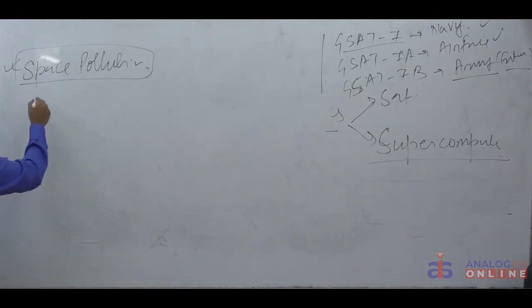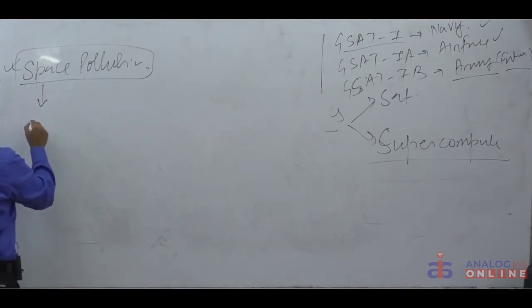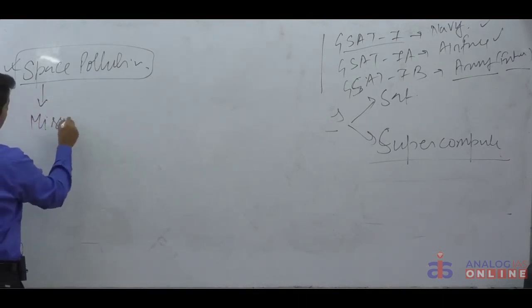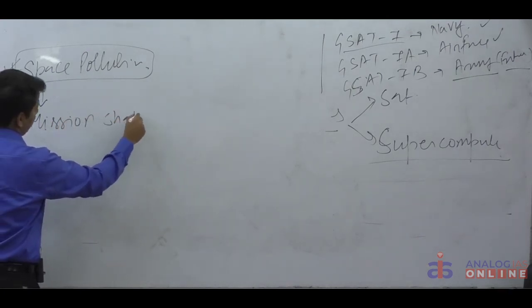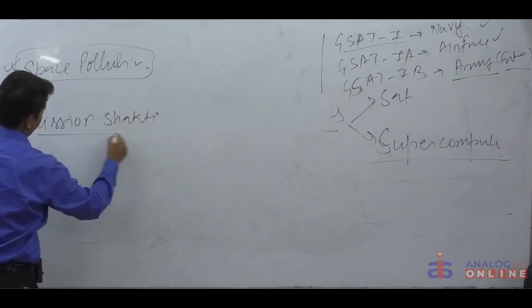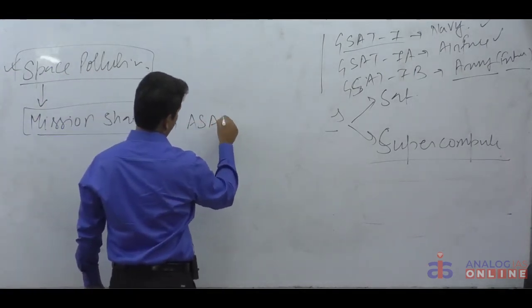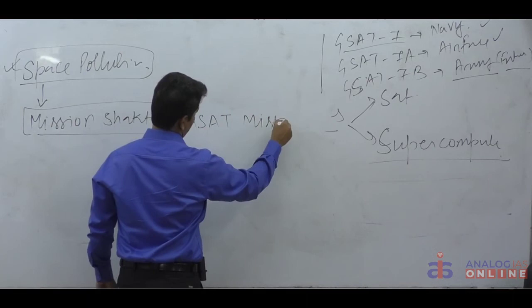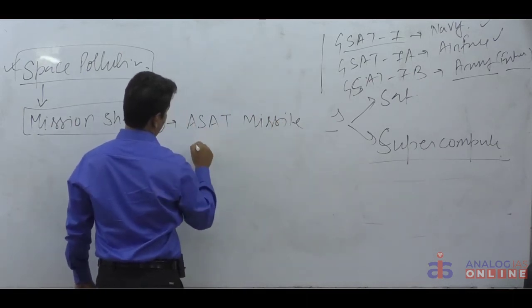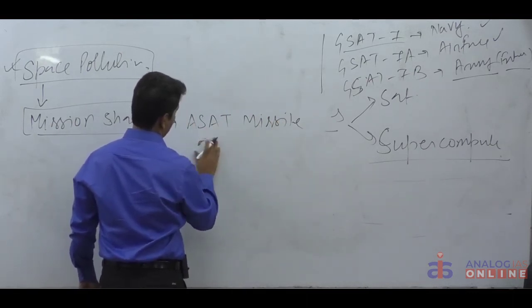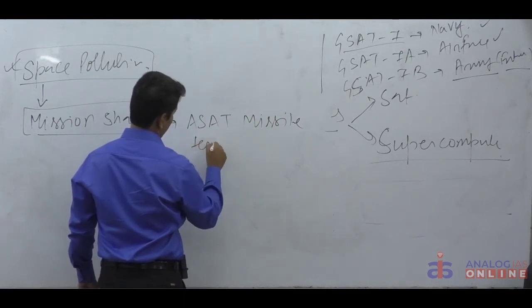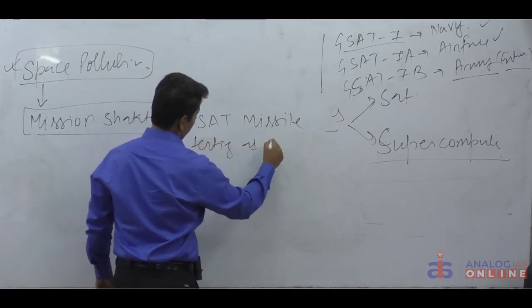And when you talk about space pollution, then from the Indian context, you have to understand Mission Shakti. Mission Shakti was what? The ASAT missile, the ASAT missile testing of India.